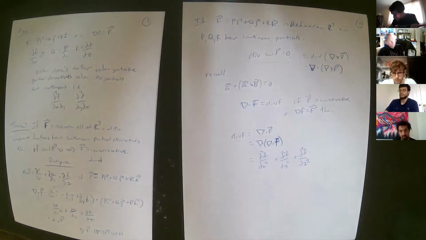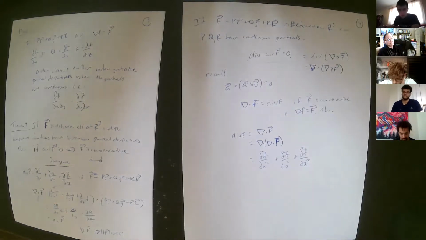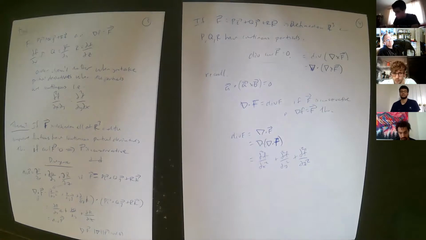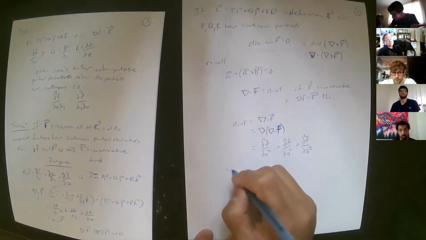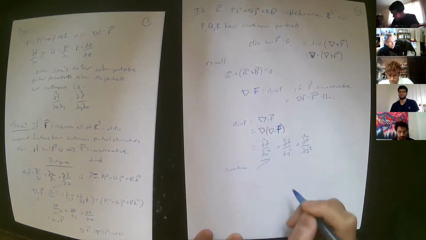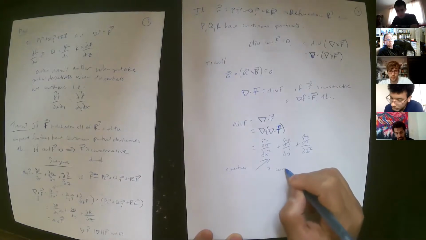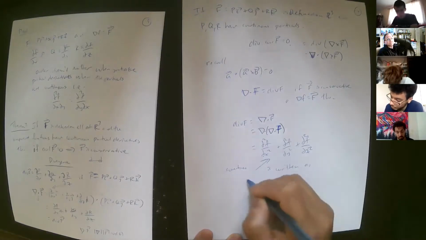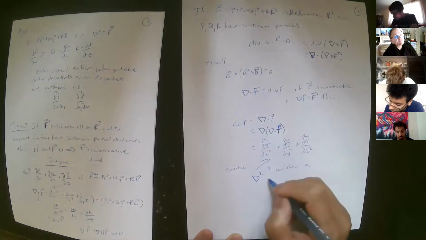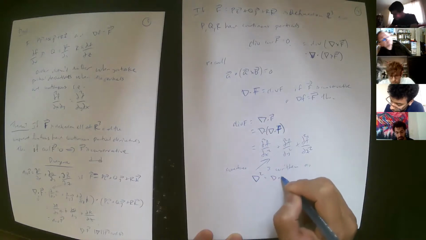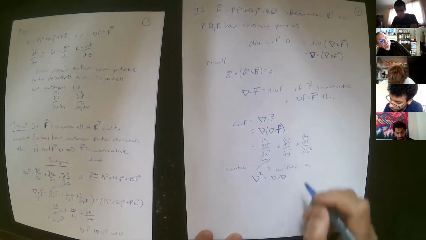And why do I bring that up? Sometimes this is written as this operator. Sometimes this is written as nabla squared. This is the gradient operator dotted with itself.